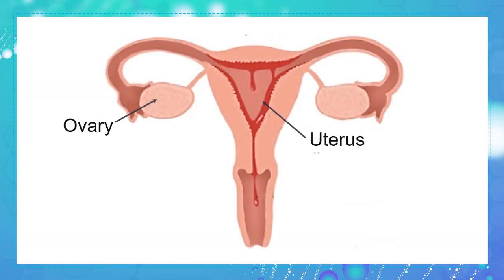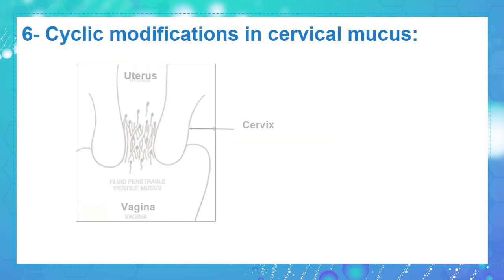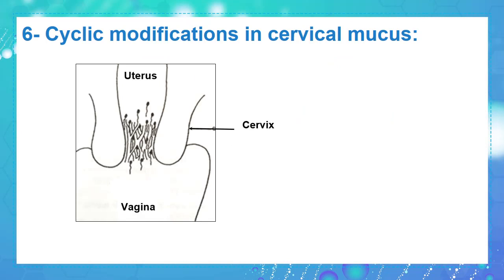The cyclic modifications in the female's body don't only include the ovary and the uterus. The cervix and the vagina also show some cyclic changes during the female cycle. The lining of the cervix, which is the narrow part of the uterus, secretes mucus throughout the female cycle.